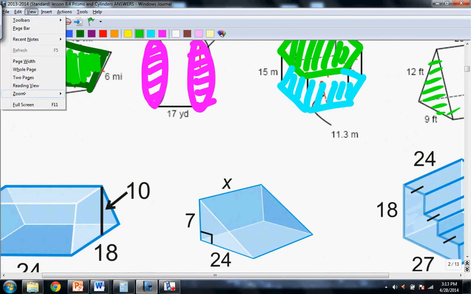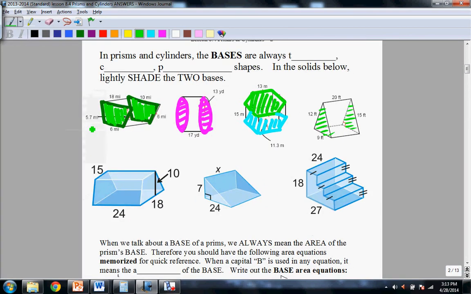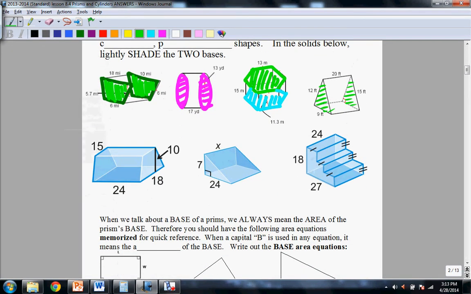What I'd like you to do is just take a minute real quick and shade these three, what you consider the bases to be. Just take 1 minute. Ready, go.